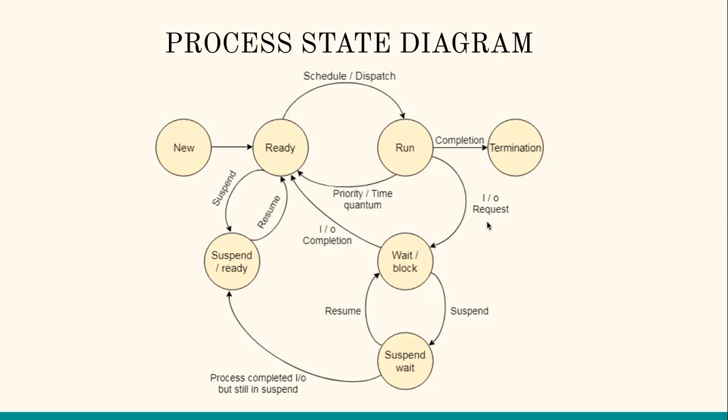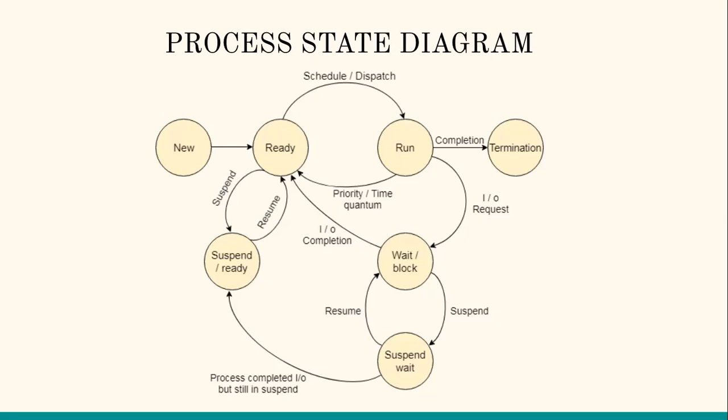From the run state, if the process requires some IO device, then it's moved to the wait block state. In this state, the process completes the IO request and then waits in the suspend wait state. The main reason behind this transition of state is the lack of RAM or main memory. That's why we have to move some of the processes from the wait block state to the suspend wait state.